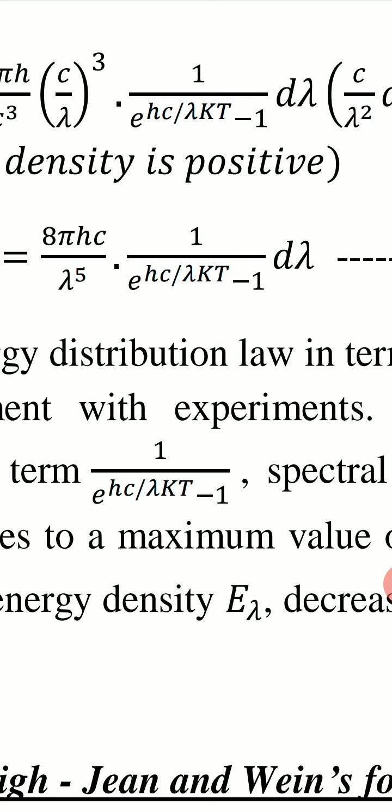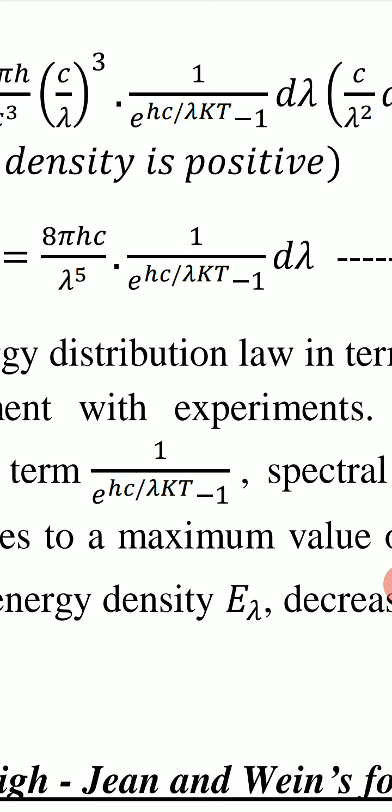For the factor 1 upon lambda to the power 5, when lambda is increased, this factor is decreased. And the other factor, 1 upon e to the power hc upon lambda kT minus 1, increases with increase in lambda.